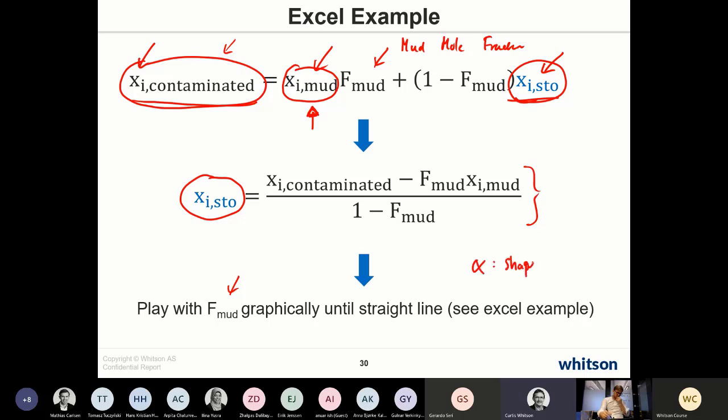If you had 10 samples, you would have 10 F mud variables and one gamma molar distribution shape variable. That's the approach, basically finding what gives the best overall fit of the gamma distribution. So you find the 10 values of F mud and the single molar distribution shape factor. I don't know if it makes sense in words, but that's what we do.